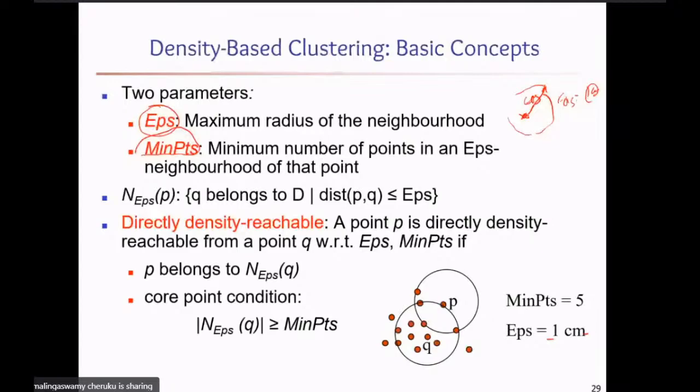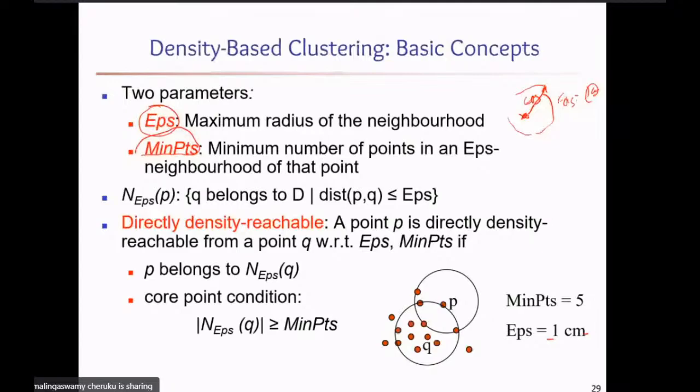If you want to assess a clustering algorithm, one of the parameters is whether it is able to identify clusters of different shapes. That's one of the parameters to assess your clustering algorithm, and definitely this algorithm is able to identify clusters of different shapes.